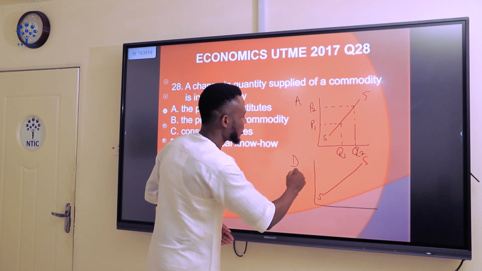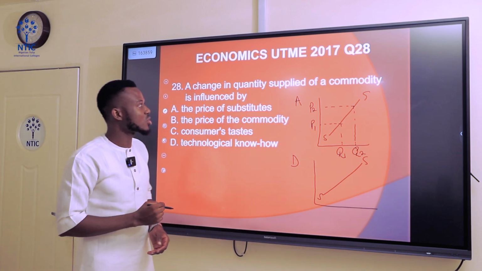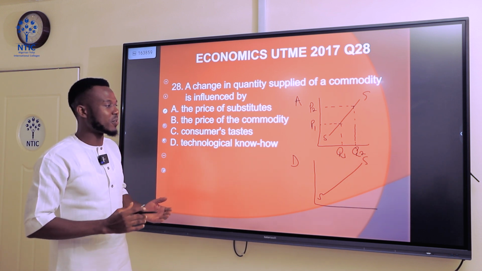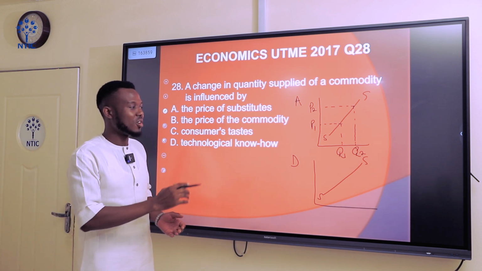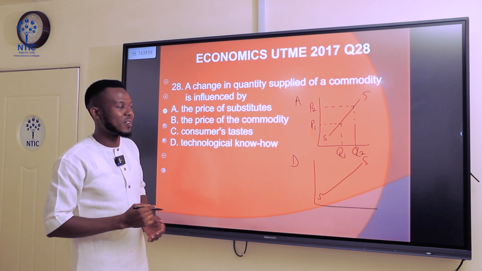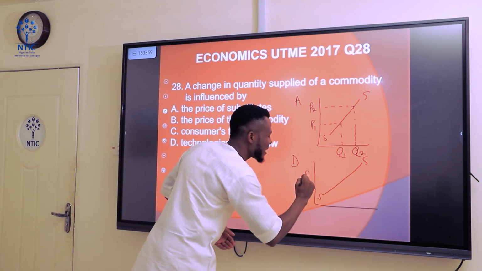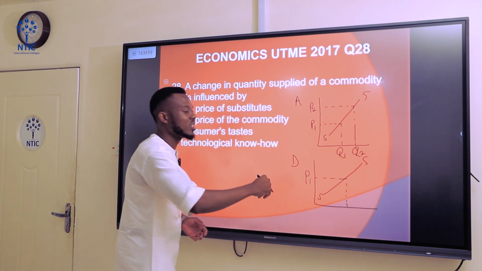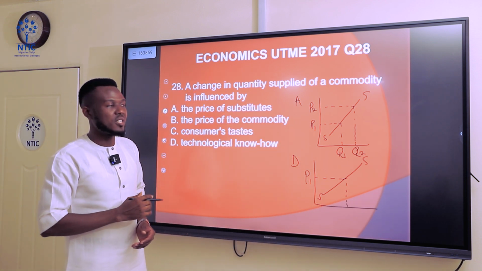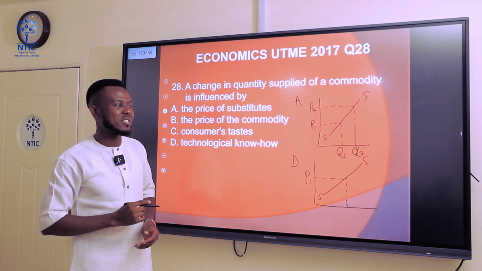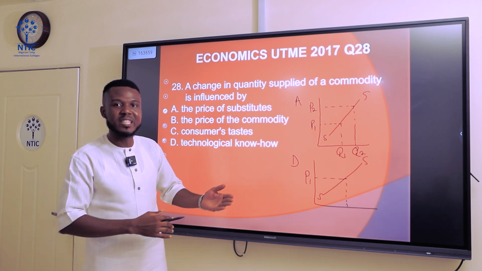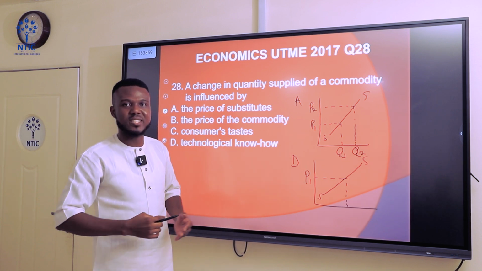However, for a change in supply, all other factors aside from the price of the commodity itself will be an influencing factor. So we find that at the same price, say P1, different quantities could be supplied. Perhaps due to efficiency or inefficiency of labor, it might increase or decrease.